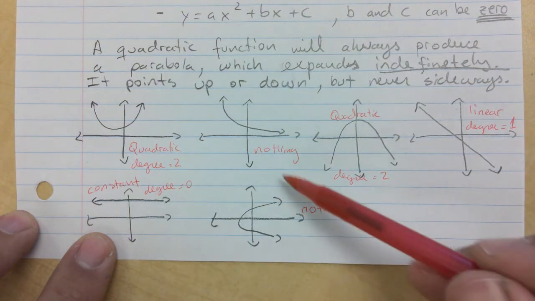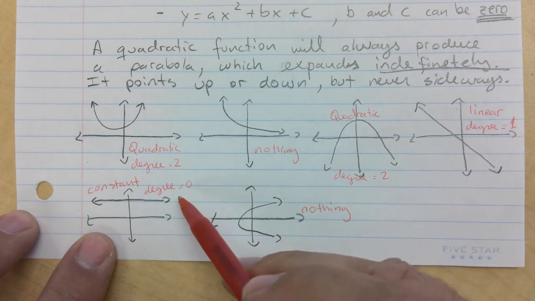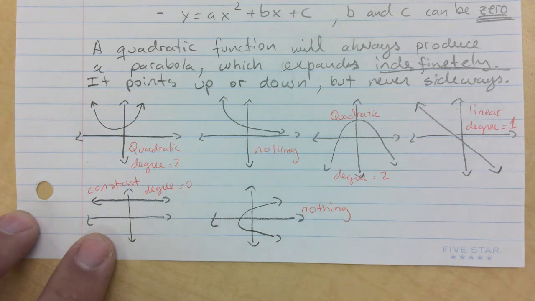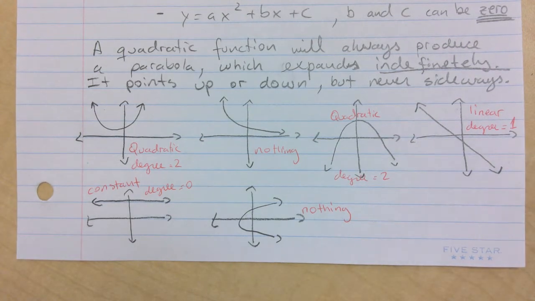Okay. So we've got a couple of nothings, and then we've got the ones we recognize, right? But the main ones are the quadratic ones, okay? So let's keep going.